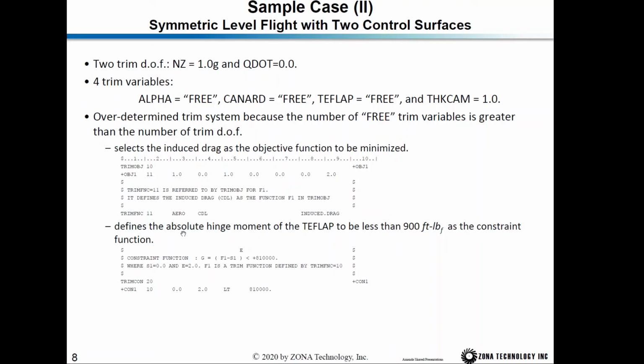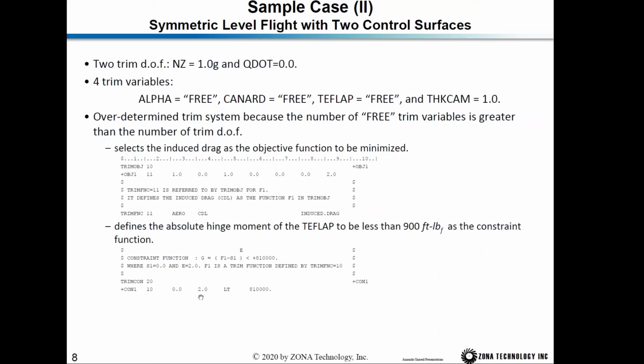For the constraint function, we want to define the hinge moment of the trailing edge flap to be less than 900 pounds. And because this hinge moment can be either positive or negative, we have to define a trim function which is specified before, which is the hinge moment of the trailing edge flap.